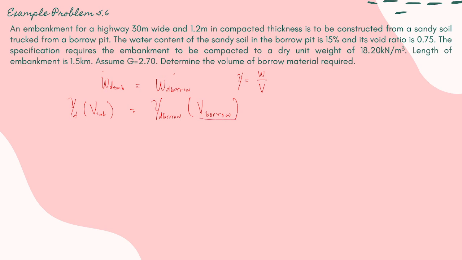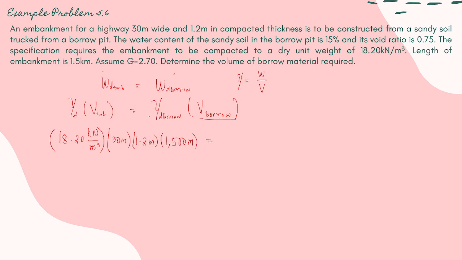Again, the specified dry unit weight for the embankment is 18.20 kilonewton per cubic meter times the volume of the embankment, which is 30 meters times 1.2 meters times 1,500 meters.